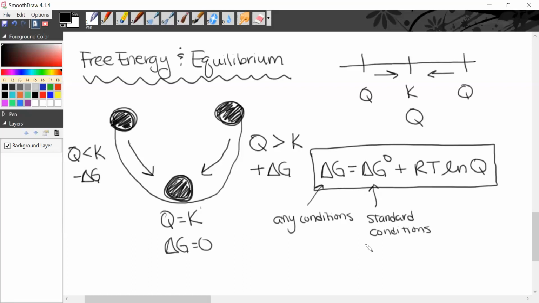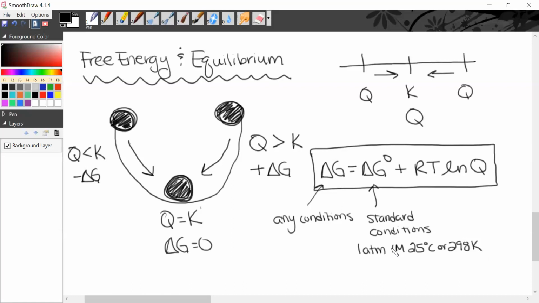And standard, I'll remind you guys from yesterday, standard is 1 atmosphere of pressure for your gases, 1 molar concentration for your solutions, and 25 degrees Celsius or 298 Kelvin.